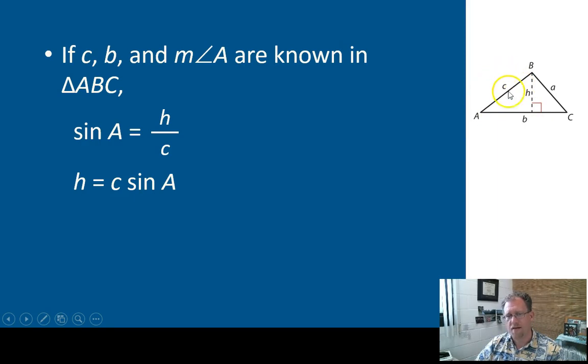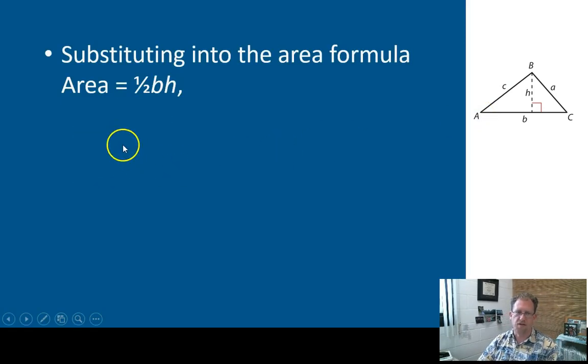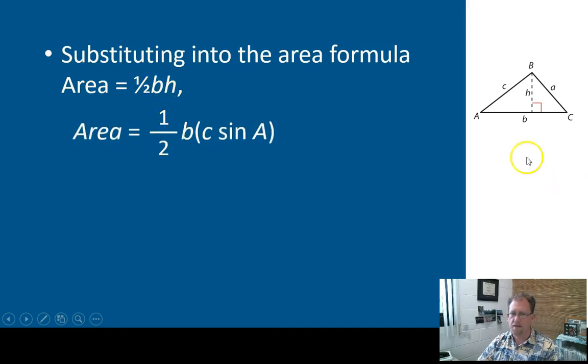So C, the sine of A is H divided by C. And so I can rearrange that to say that the height is C times the sine of A. Okay, that's cool. And so let's plug that into the equation. Then instead of 1/2 BH, it's 1/2 times B, the base of the triangle, times C times the sine of A.